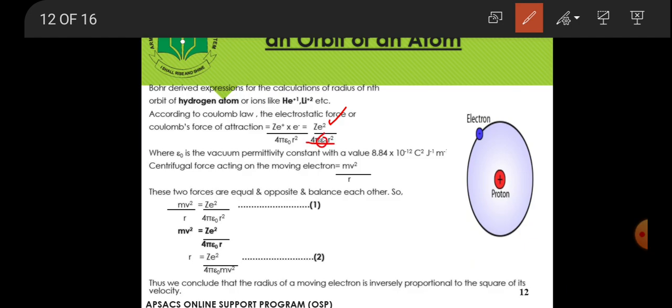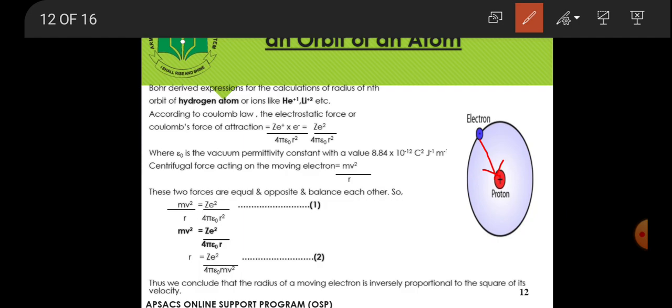What is epsilon naught? Epsilon naught is the vacuum permittivity constant. It is a constant and it has a value 8.84 into 10 to the power minus 12 coulomb square per joule per meter. So, students, we have discussed the electrostatic force of attraction which is acting in the inward direction.